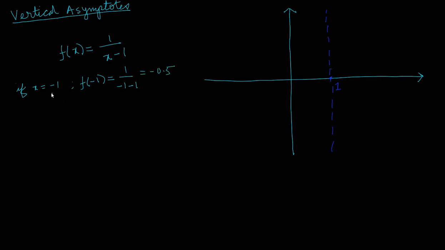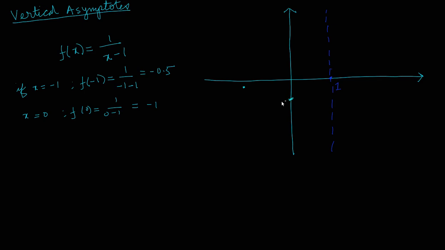So x is negative 1, y is negative 0.5, so this is somewhere here. Now if x is equal to 0, what is my function of 0? It is 1 over 0 minus 1, which is negative 1. So (0, negative 1) is somewhere here.